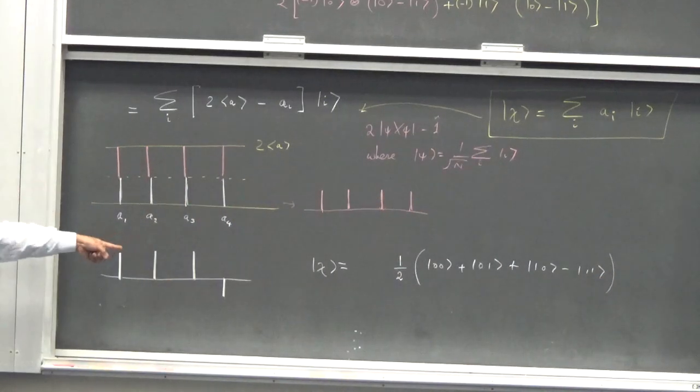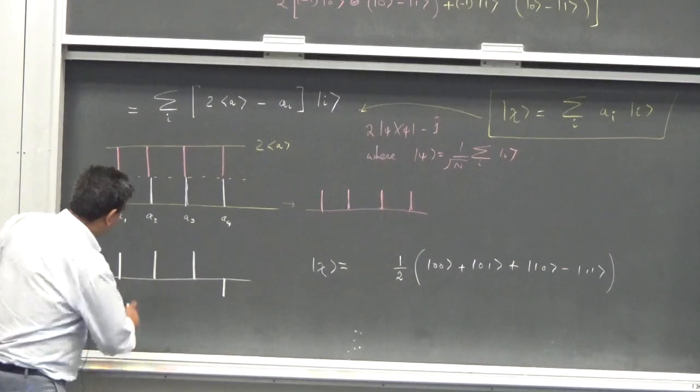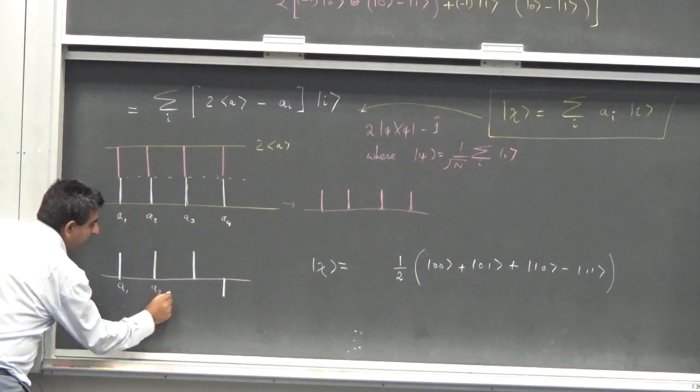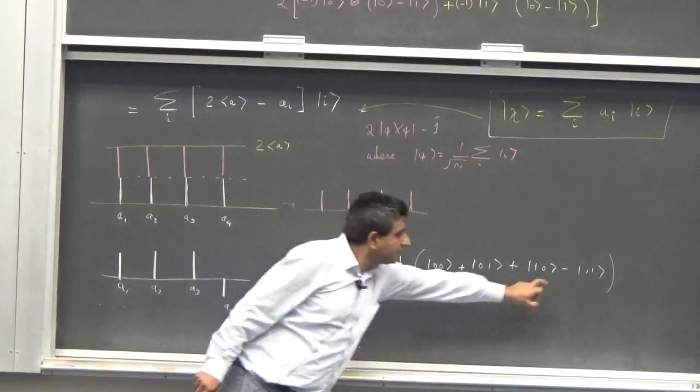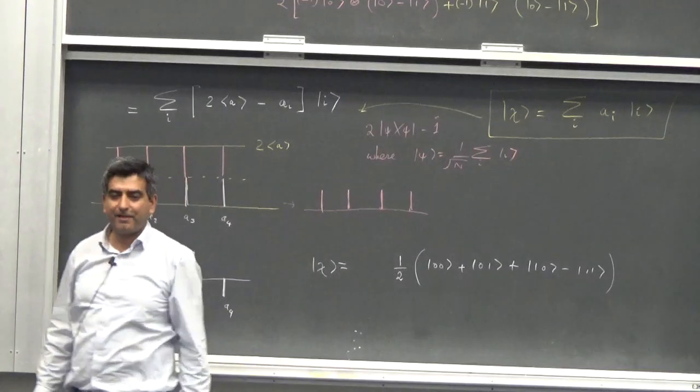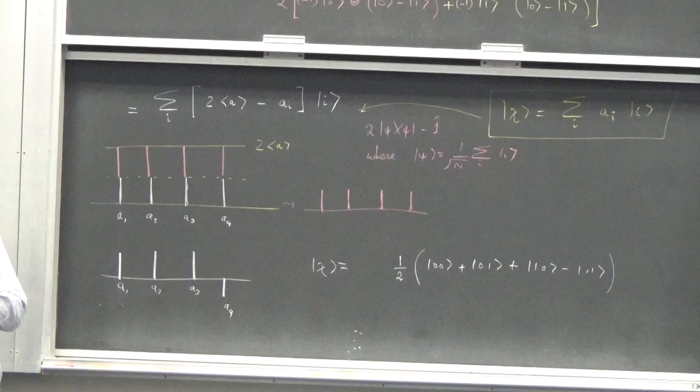Still it's a legitimate, normalized state. But now the 4 amplitudes A1, A2, A3 and A4 look like this. One of them is negative. Suppose one of my input states is negative here.